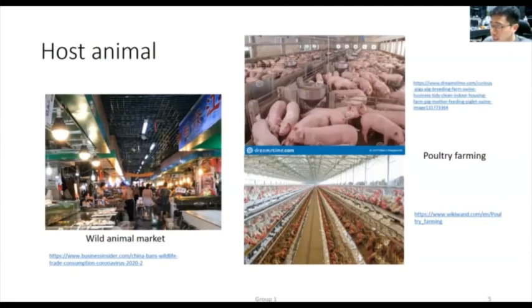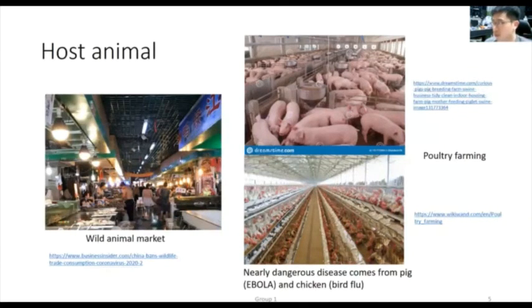Because pigs and chickens have some genetic factors similar to humans, and that's why some dangerous diseases can easily transmit to humans, like Ebola and bird flu, which you can see in recent years, very dangerous, and many deaths have occurred.